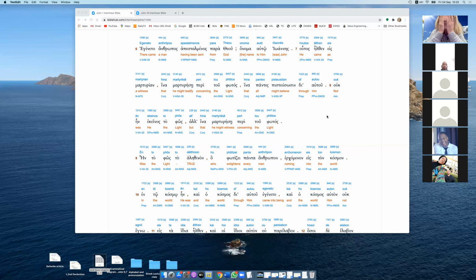So please share with me your thoughts about this: the beginning of the book and the ending of the book. What is John's intention in placing this in the middle?